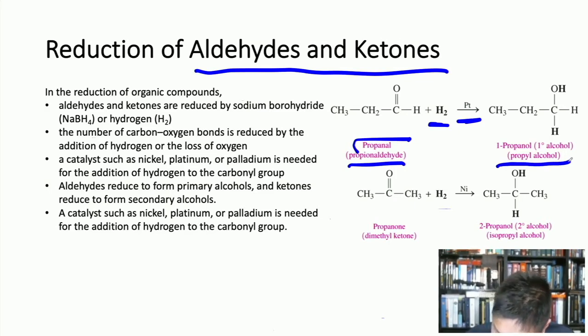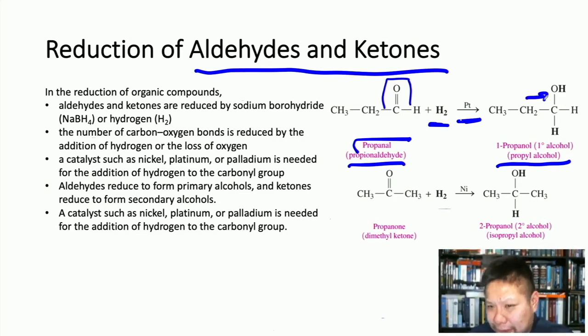So what happened is that this double bonded carbonyl carbon oxygen right there, aldehyde, lost its double bond and became a hydroxyl. So that's a reduction, right? Because you gained electrons and you got a hydrogen. So that's a reduction.